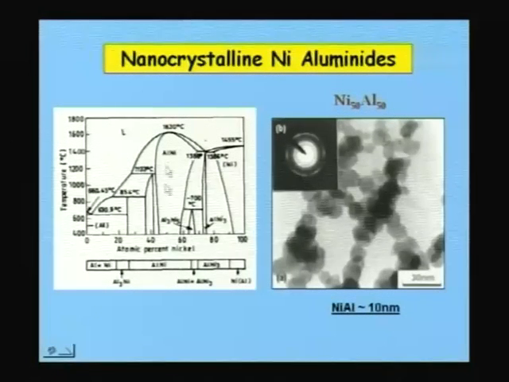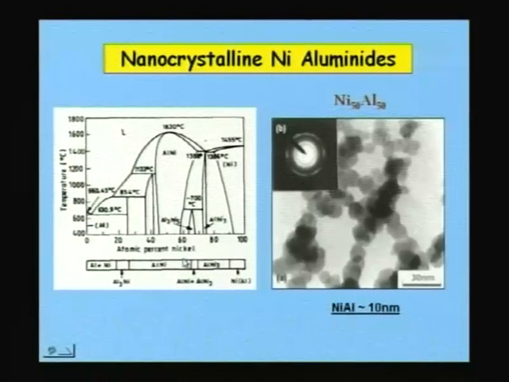For example, NiAl you can make only from 45 to 55 percent nickel in the equilibrium phase diagram, whereas one can produce from 25% to 65% by these non-equilibrium processing routes, whether it is rapid solidification or mechanical alloying.